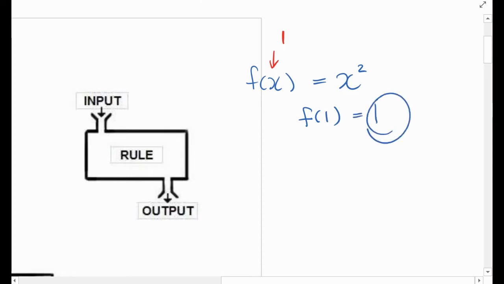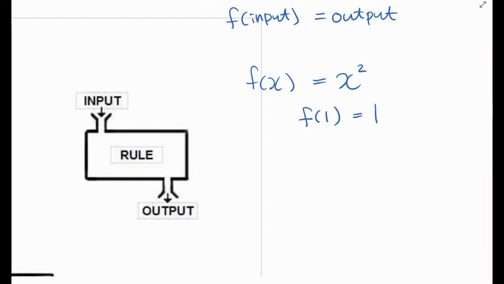So this is the output, and the input goes in the bracket. So basically, f of input gives out the output. As you know, input is the domain and output is the range.